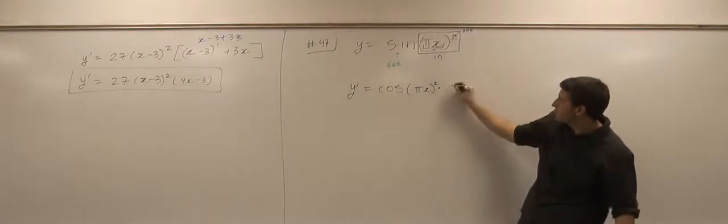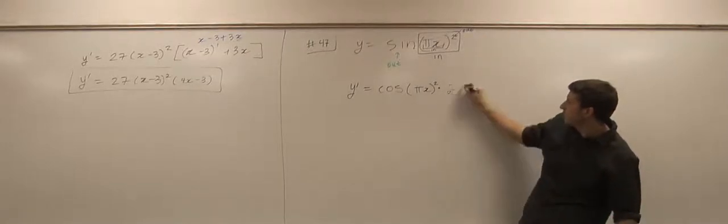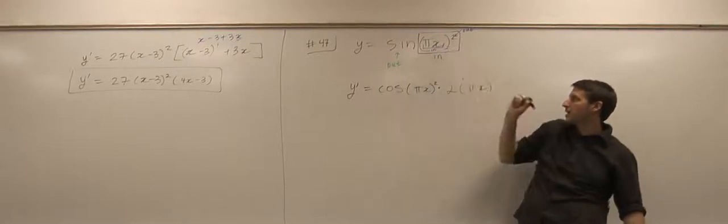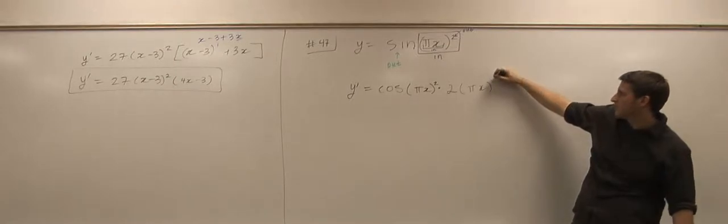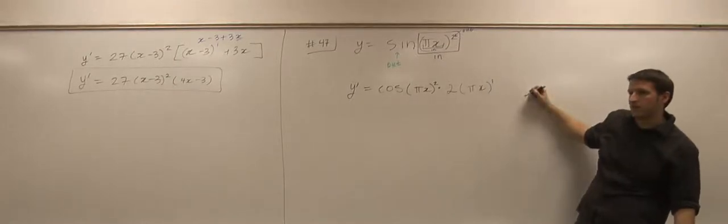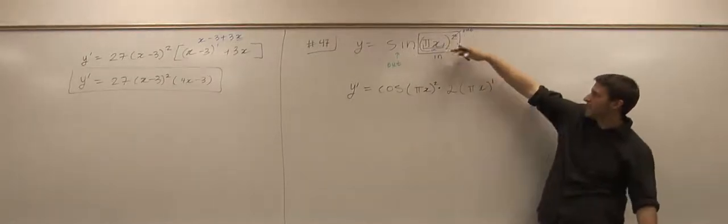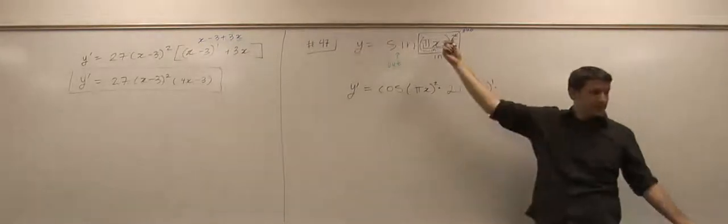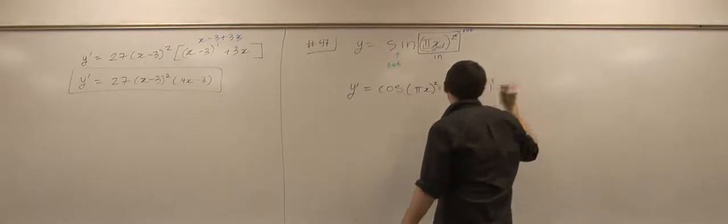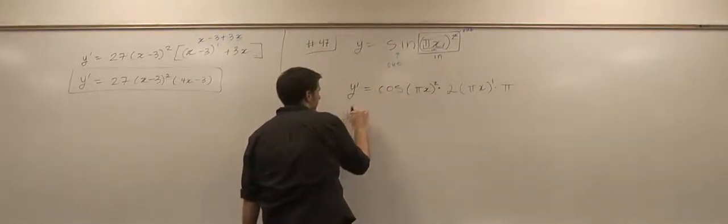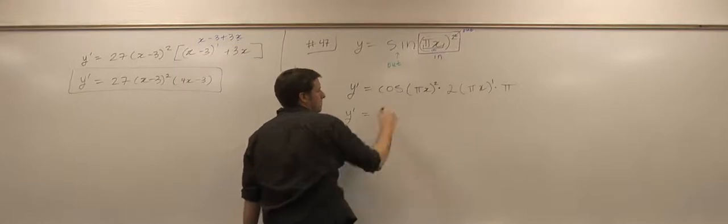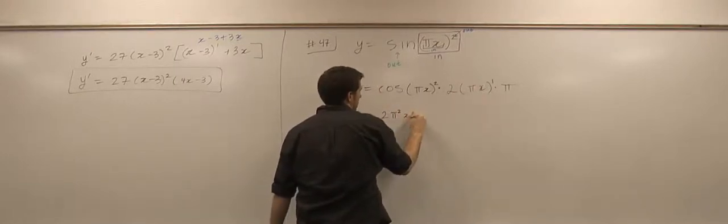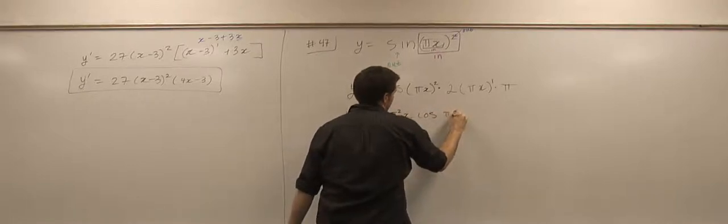To do the derivative of the square, you bring the 2 down, write the exact same inside function, pi x, and take it to the first power. That's the power rule. 2 comes down, we subtract 1 from the power, times the derivative of the inside, which is pi. So really you have 2 pi squared x cos pi x squared.